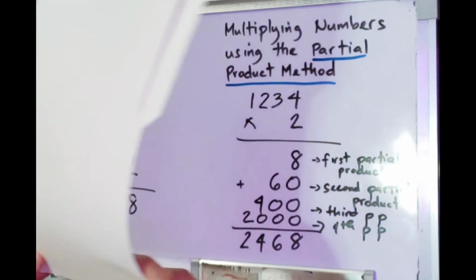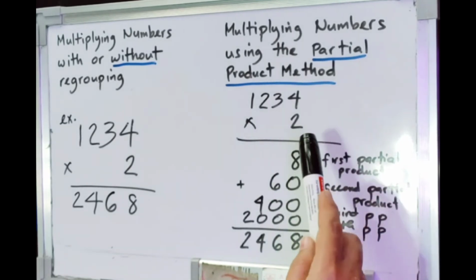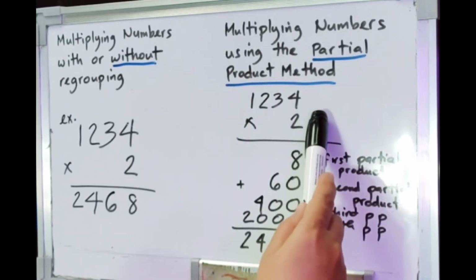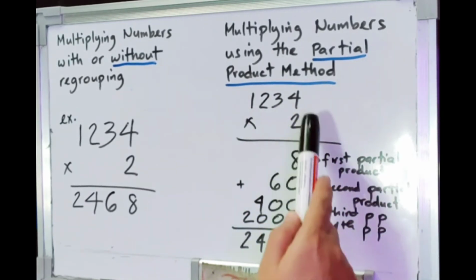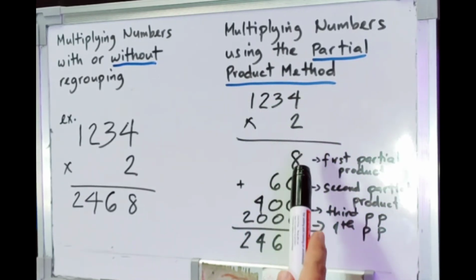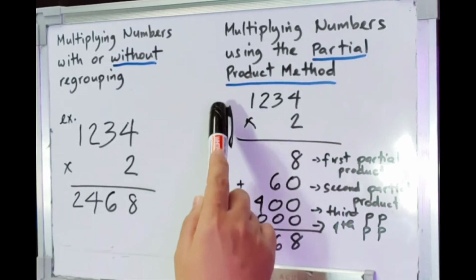And if we are using the partial product method, we're done with the first three digits a while ago. So we just added 1 there. So we also added another partial product, which is 2 times the 1 there.